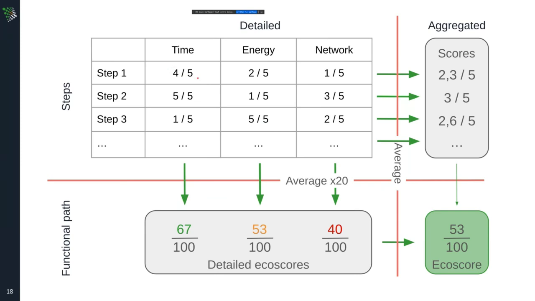So it's purely empirical. This grade 2 out of 5 means that these steps perform better than 60% of the data set of all the steps that we monitored over time.